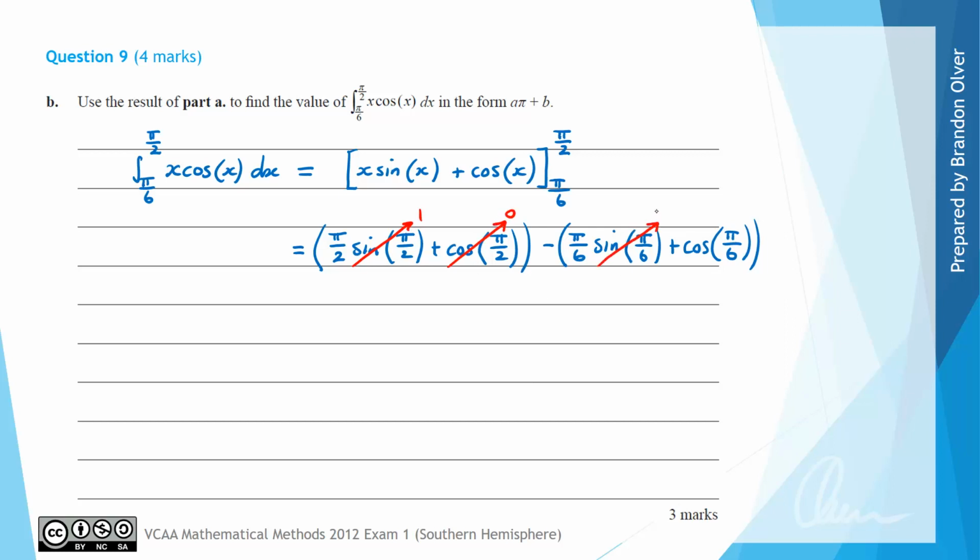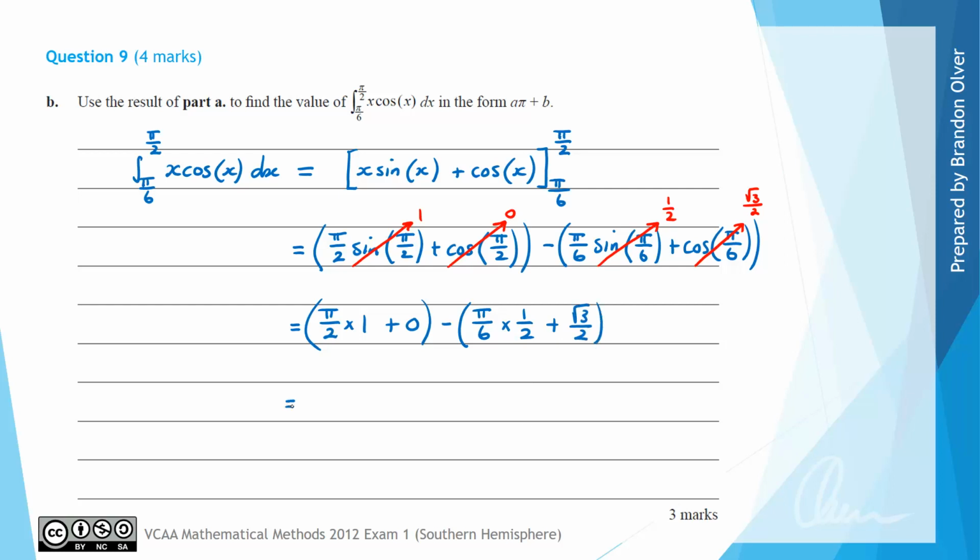Sine of pi on 6 is equal to a half, and cos of pi on 6 is equal to root 3 over 2. So this equals pi on 2 times 1 plus 0, what was in the first bracket, and then we subtract what was in the second bracket, which is pi on 6 times a half plus root 3 on 2.